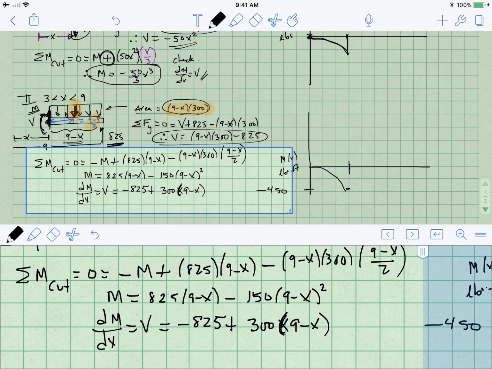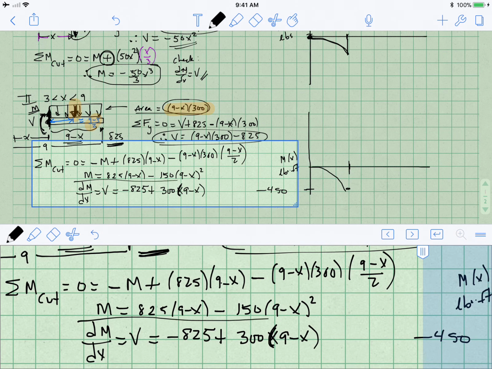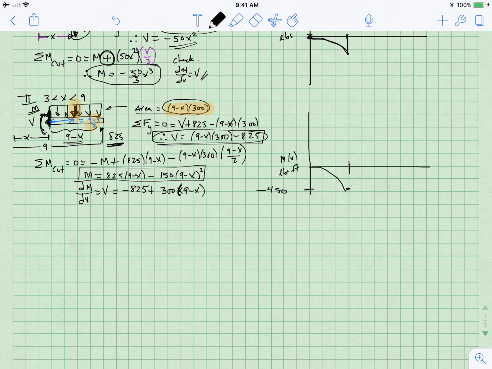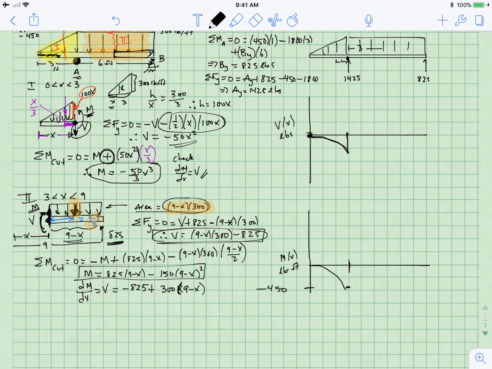All right, so now we plot this equation and the shear equation on our curves here. So check for continuity. When you check for continuity in this case, what you're going to find is that it doesn't start at this value. It ends up starting up here at 975.